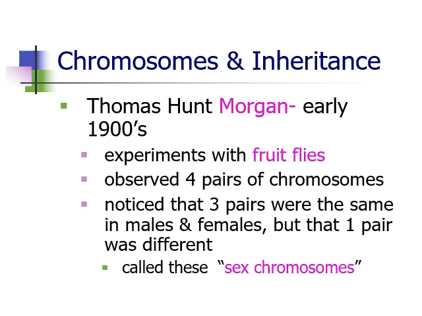In fruit flies, he observed 4 pairs of chromosomes. Fruit flies don't have a lot of genetic information, so it's a lot easier to study. He noticed that 3 pairs of the chromosomes were the same in male and female fruit flies, but that 1 pair was different. He called this different pair between males and females sex chromosomes.